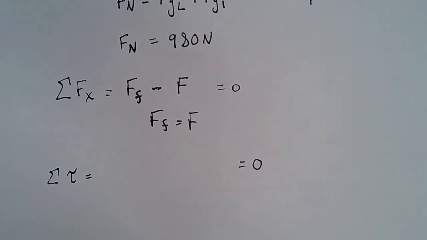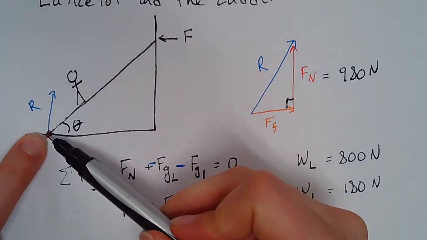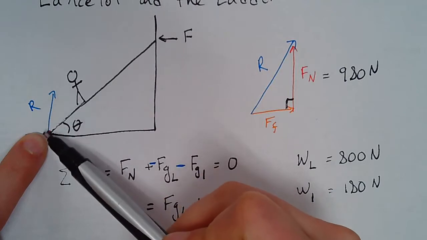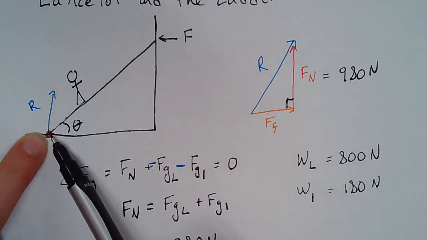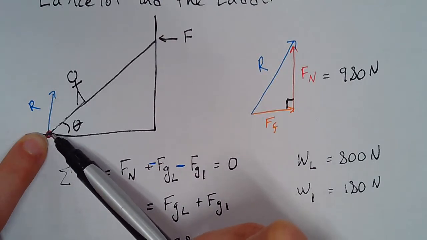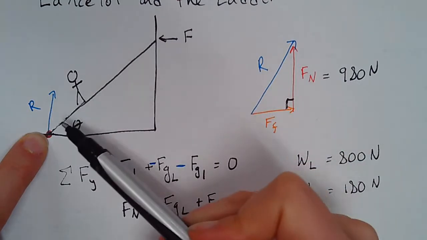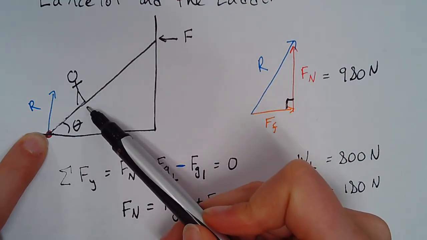And so we have to look at which forces are causing a torque on our ladder. So from the pivot point, we know that the normal force and the friction force both are acting for this grand total force of R for the ground. So all of this we can ignore because they're 0 meters from the pivot point. Then we've got Lancelot.